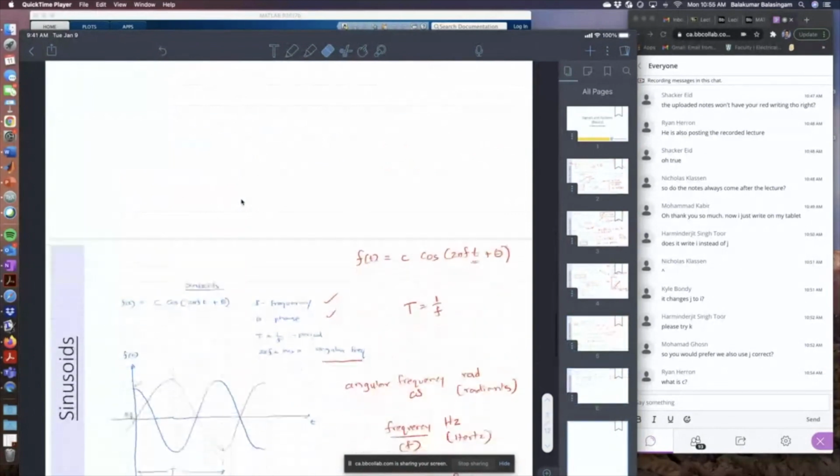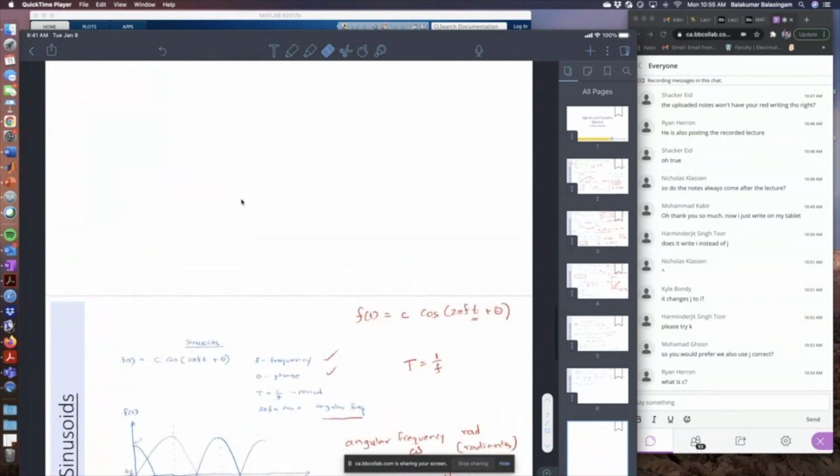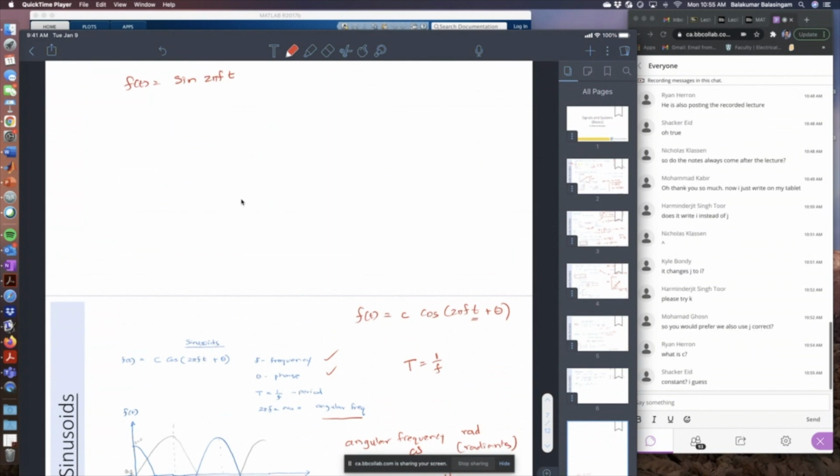Before I introduce C and theta, let's plot f of t equals sine 2 pi f t.